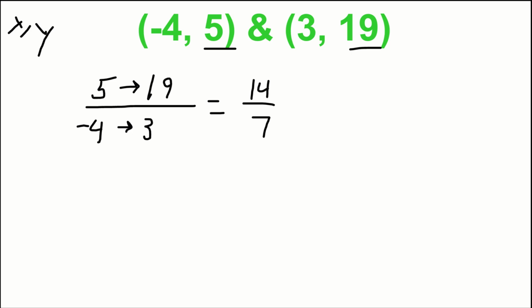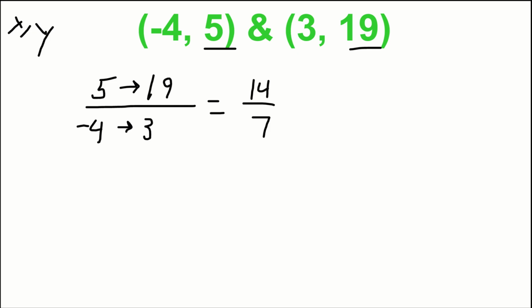Yeah, that's a distance of 7. When you go from a negative to a positive or a positive to a negative, you got to stop at 0 first, right? So we're going from -4 to 0, then 0 to 3. That's a total distance of 7. You basically end up adding the two absolute values when you're finding the distance between a negative and a positive.